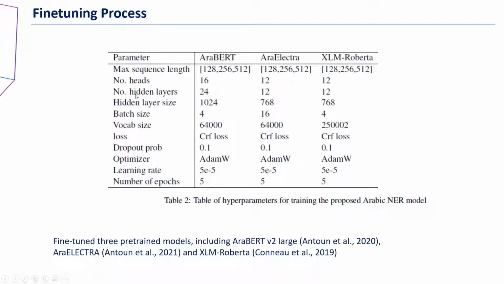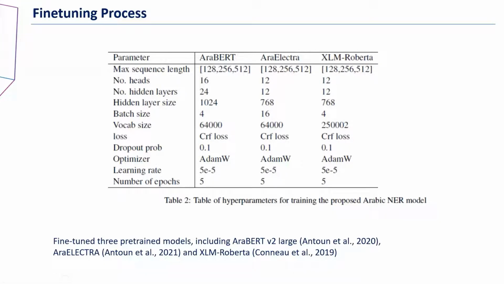We have batch sizes of 4 and 16, because we use Colab to implement our experiment. And this is the learning rate, and the number of epochs was 5 for each model. We also tried to keep the configuration of the experiment the same as the models that we compare to.